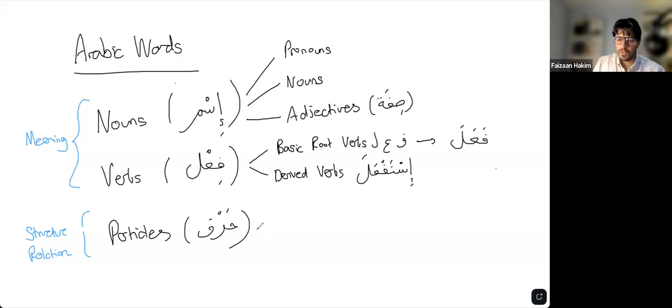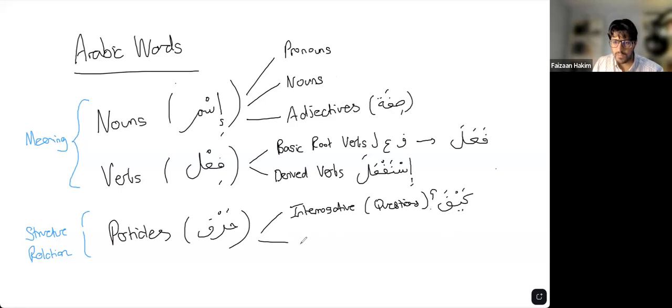As for particles, what do we have? We have interrogative particles, or to use a less fancy word, questions. For example, kaifa. Kaifa means how. Kaifa fa'ala. How did he do?